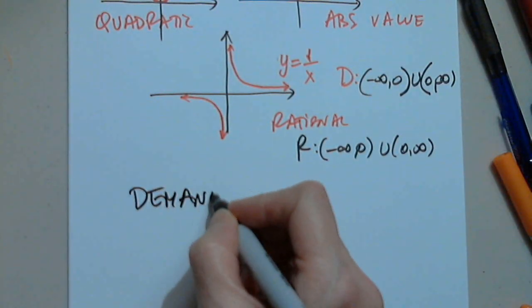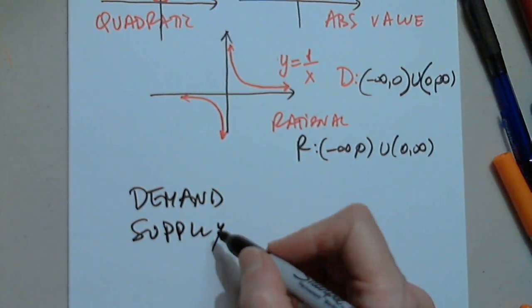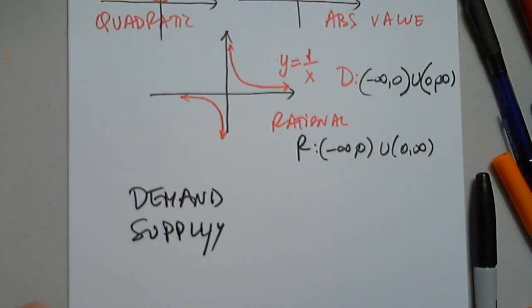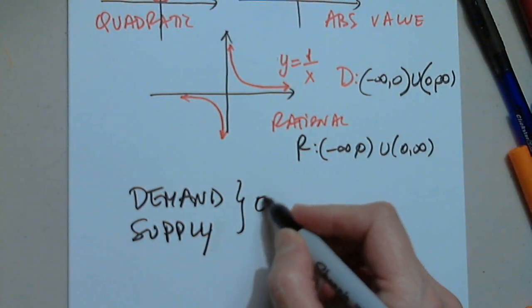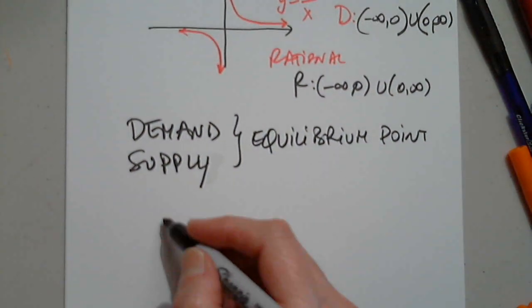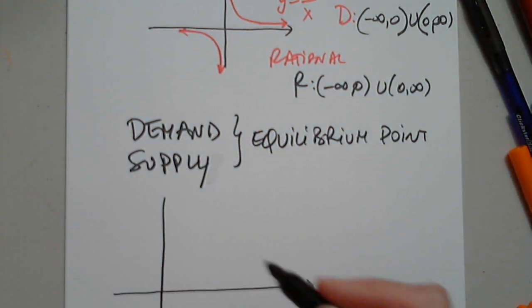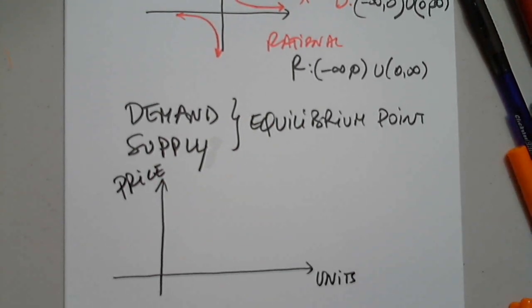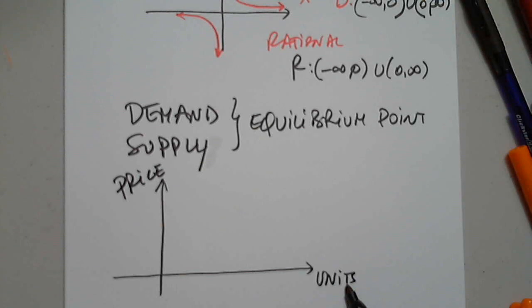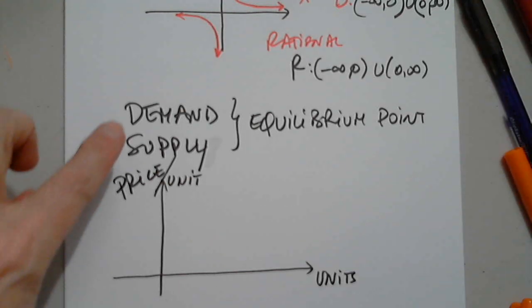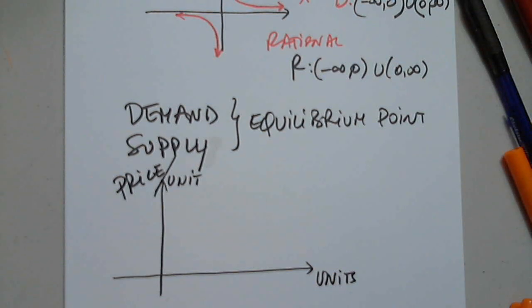Demand, supply, and equilibrium point. So on a coordinate system with number of units and price per unit, we have these two functions, demand and supply.